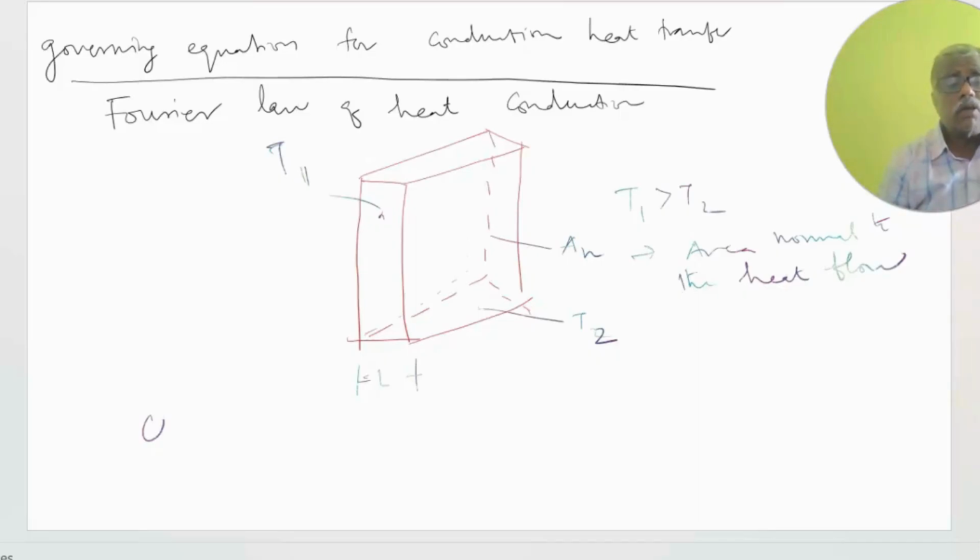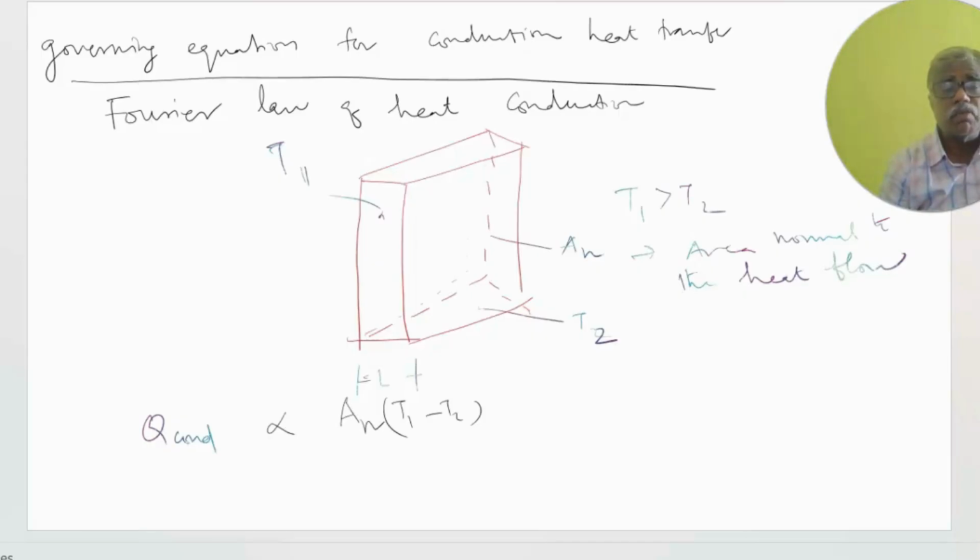So it was found that the rate of conduction heat transfer, I mentioned it is Q conduction, is directly proportional to the temperature difference T1 minus T2, which means when temperature difference is doubled, the conduction heat transfer has doubled, and directly proportional to the area normal to the heat flow.